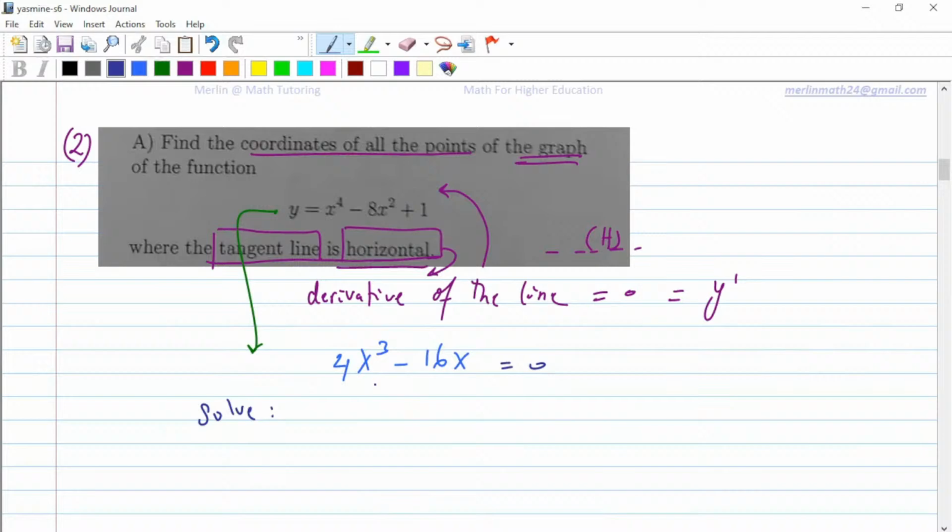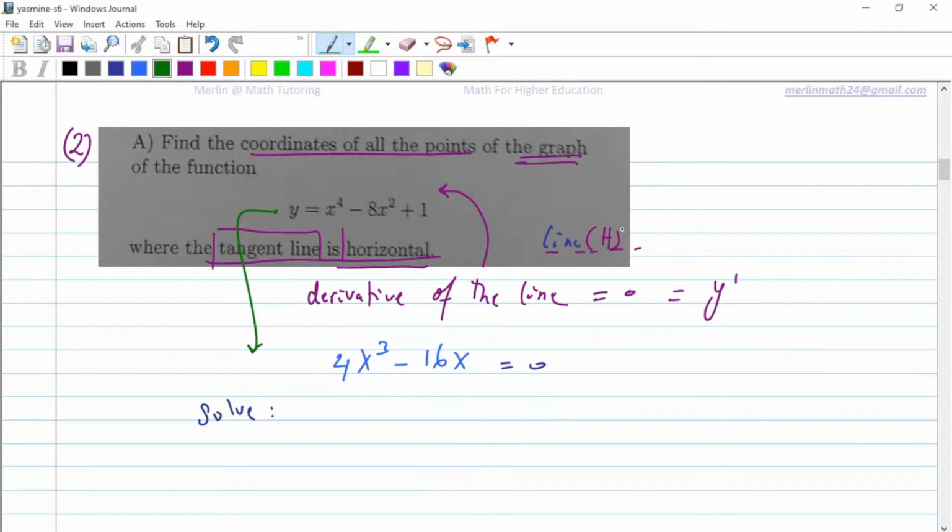Okay. Because the line is horizontal, we put the derivative equal to 0. Always. Now your course is calculus for business.